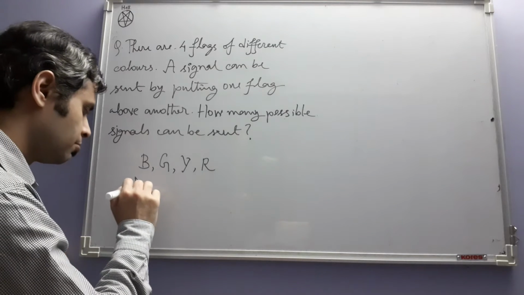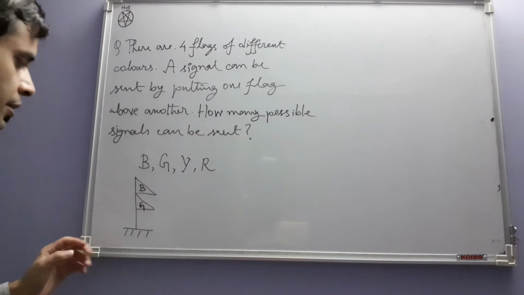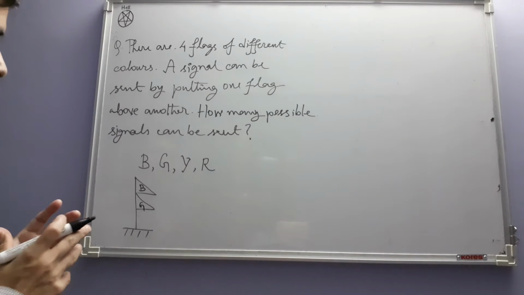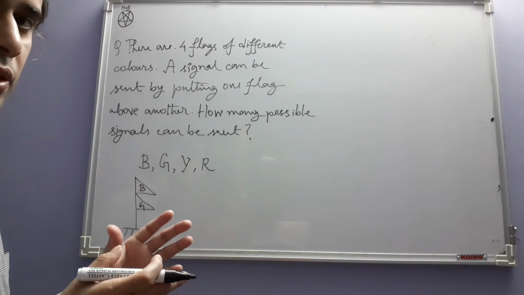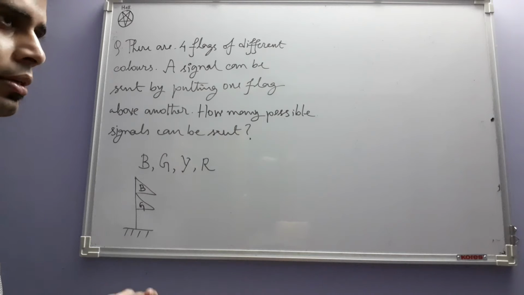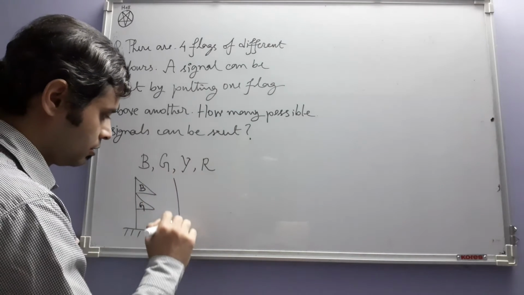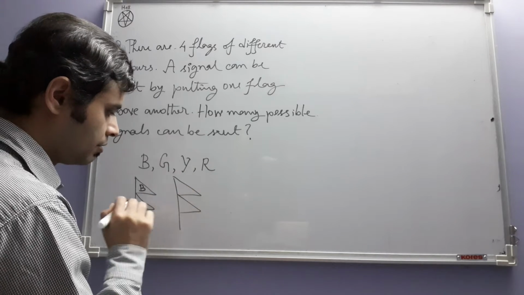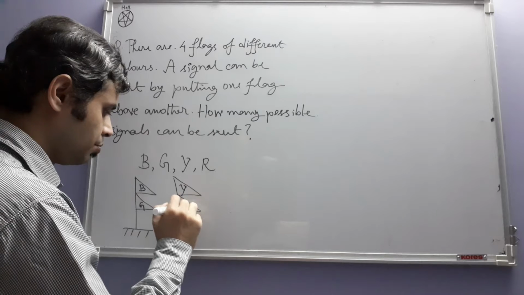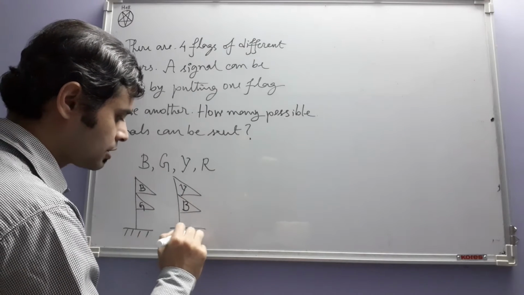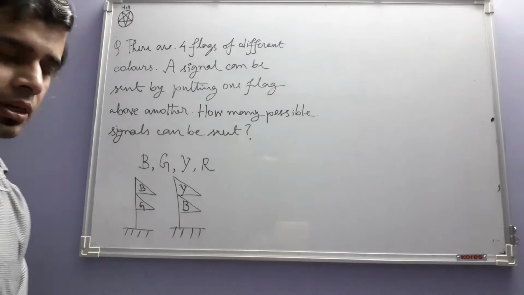Say you put blue above green. That constitutes a signal. When someone looks at it from a distance, he or she will understand that something has to be done or it means something. Instead of this, if you have say yellow and blue, then that constitutes another signal. So we have to find out the number of possible signals.